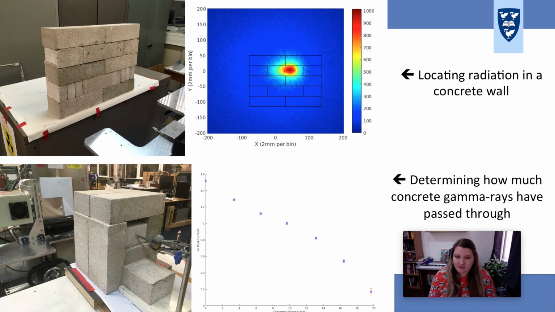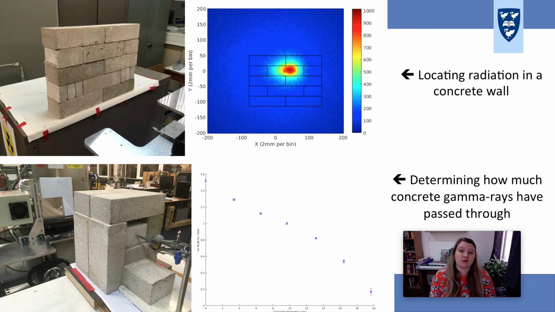Some of the images you see here are just part of my PhD research. Because I want to investigate its feasibility in a nuclear setting, I wanted to investigate how well it works with scattering material present, i.e. concrete walls. So the first thing I look at is, can I identify radiation within a concrete wall and locate it to a specific brick, for example.